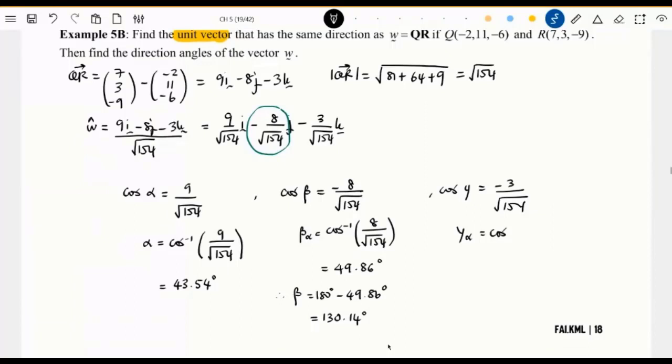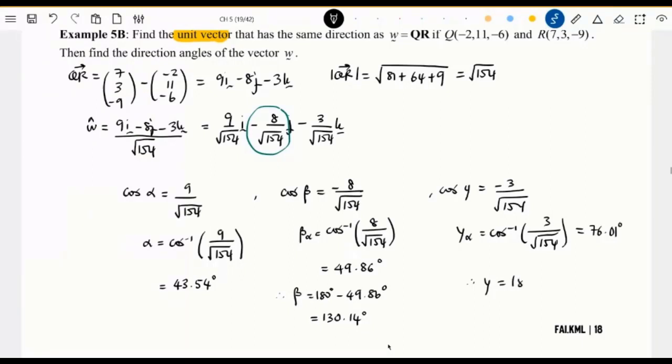Okay. And then cos gamma, which is negative 3 over square root 154, which is gamma kita itself adalah inverse cos of 3 over square root 154. Okay, nilai ni berapa? 76.01. Betul? Yeah.